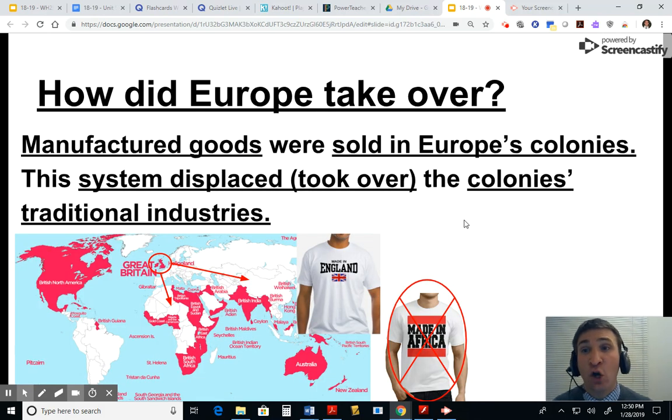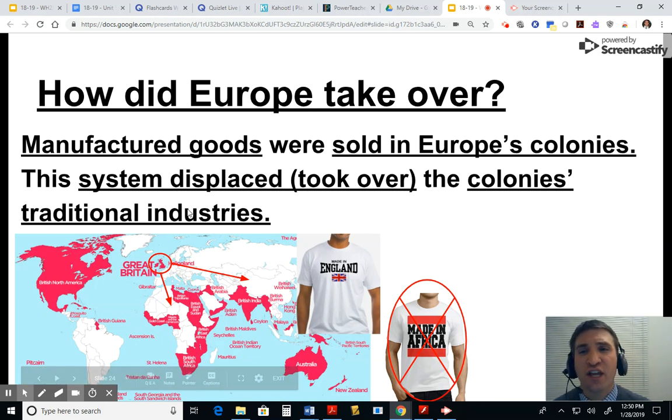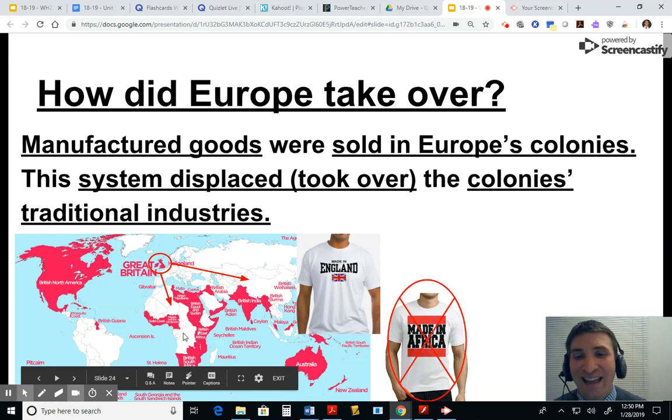How did Europe take over? Manufactured goods were sold in Europe's colonies. This system took over the colony's traditional industries. So shirts were no longer made in Africa, they were made in England and then sold to countries in Africa.